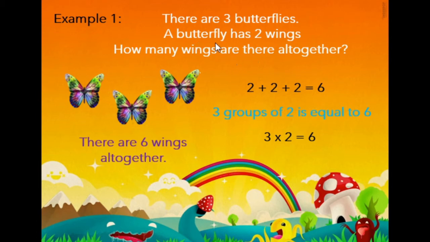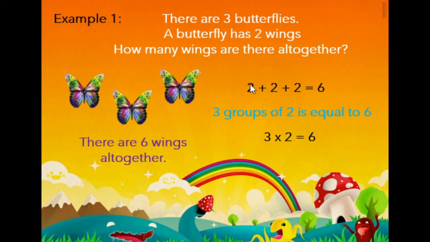A butterfly has 2 wings. How many wings are there altogether? As you can see, the solution is just there. In the problem, it says one butterfly has 2 wings. 1, 2. But there are 3 butterflies.